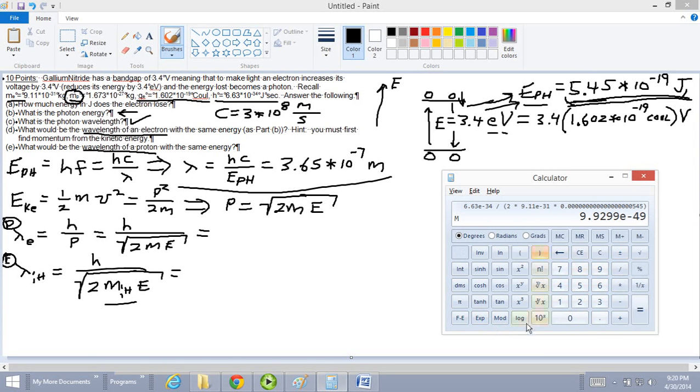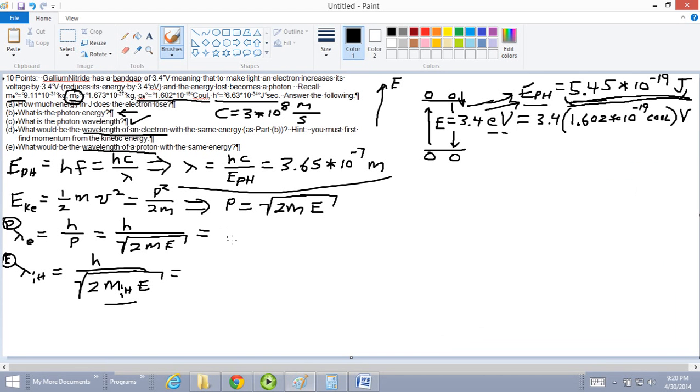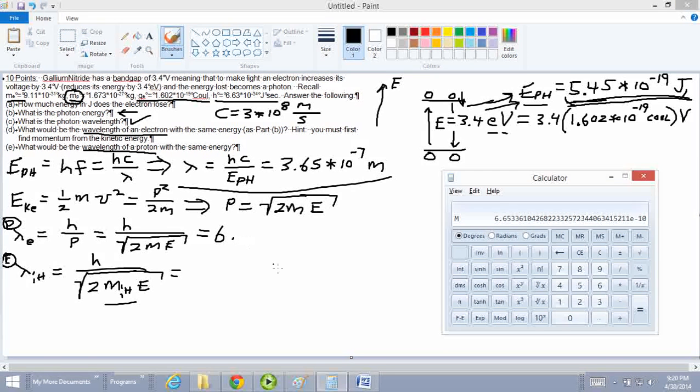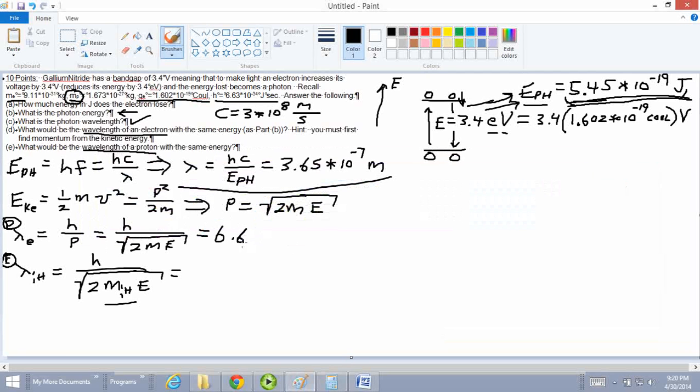And close it up, take the square root. There we go, square root of the denominator, and hit the equal sign. 6.65 times 10 to the negative 10th. Very small. The wavelength of an electron is much smaller. You can resolve much smaller features. That's why the electron microscope has been so useful in science.